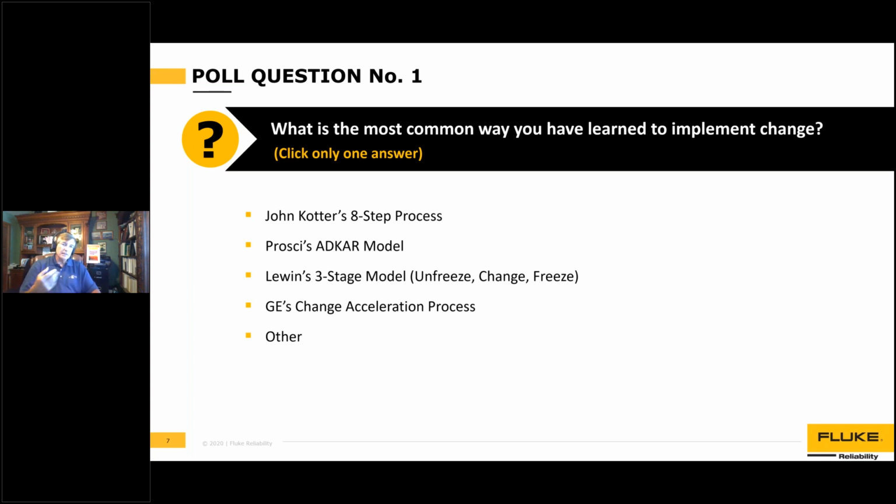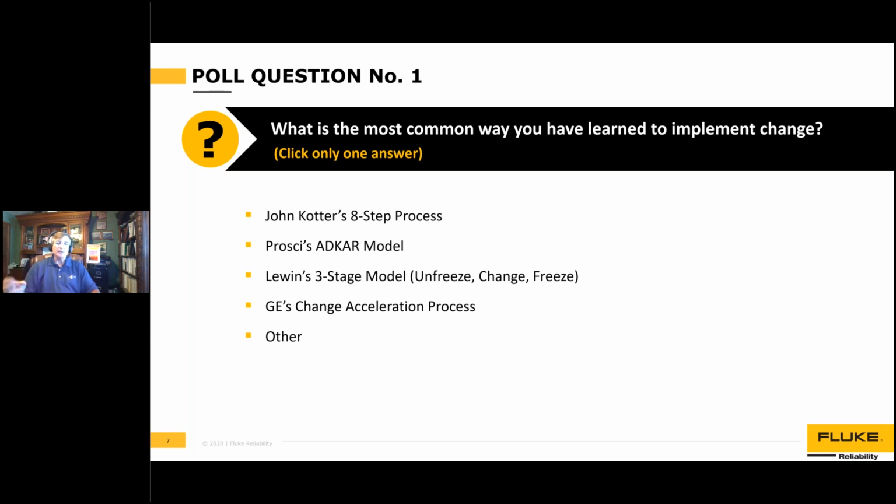Well, like I said, the particular model, these are again just four models that are very popular. So you could go back and read through these models. They provide a good process or methodology for implementing change. And if you ask me, I would say that John Kotter's 8-step process is probably the most realistic. The ADKAR model is really more about individual change, working with an individual.